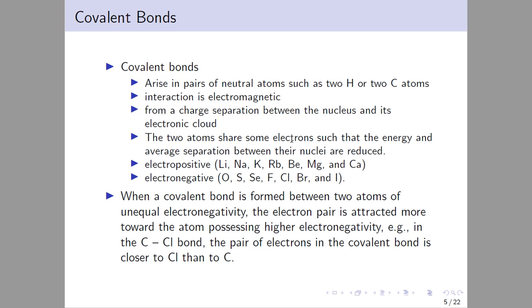When a covalent bond is formed between two atoms of unequal electronegativity, the electron pair or the electron cloud is directed more toward the atom possessing higher electronegativity. In the C-Cl bond, the pair of electrons in the covalent bond is closer to Cl than to C. So this is C, and this is Cl.